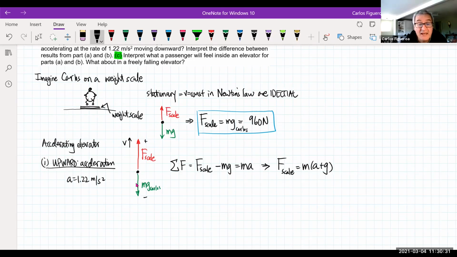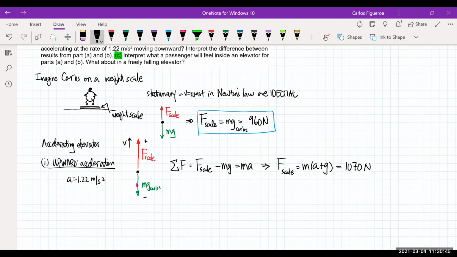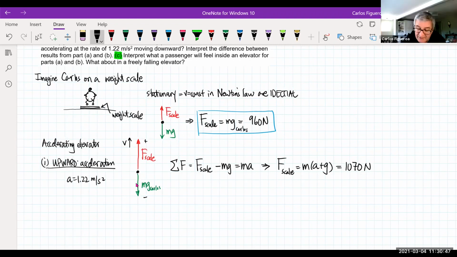And if you plug in the numbers, what you're going to find is that the scale reading increases to 1,070 newtons. So you could see here that there's an increase in scale reading of 70 plus 40, 110 newtons.